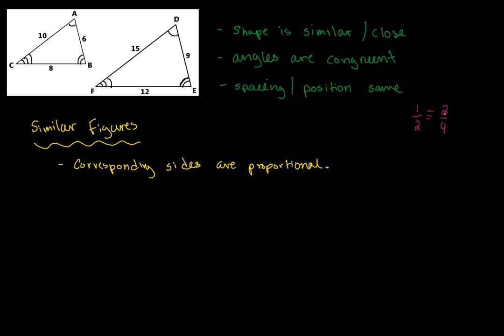And if you took two out of a pizza that was divided into four pieces, you also would have half of that pizza left. Okay, so we call these proportional because they're not necessarily the same size. If you have half of the pizza, that one piece is going to be different from the two pieces because they're two smaller pieces, but they take away the same amount of the pizza. So we're going to use that concept here for similar figures.